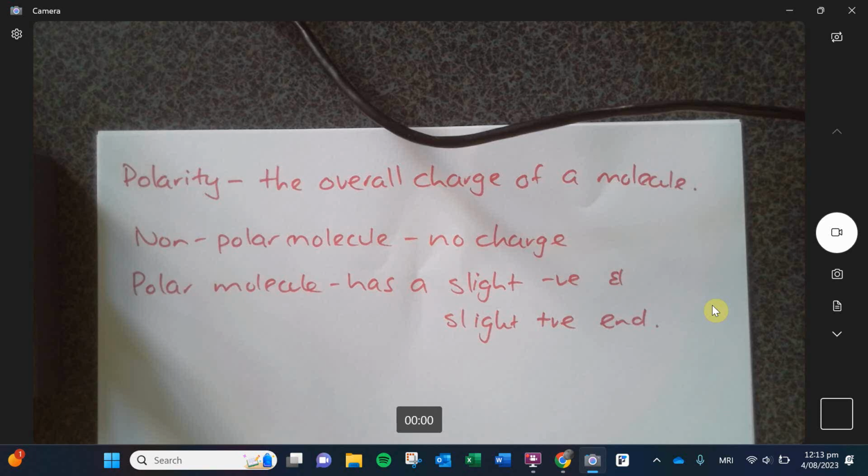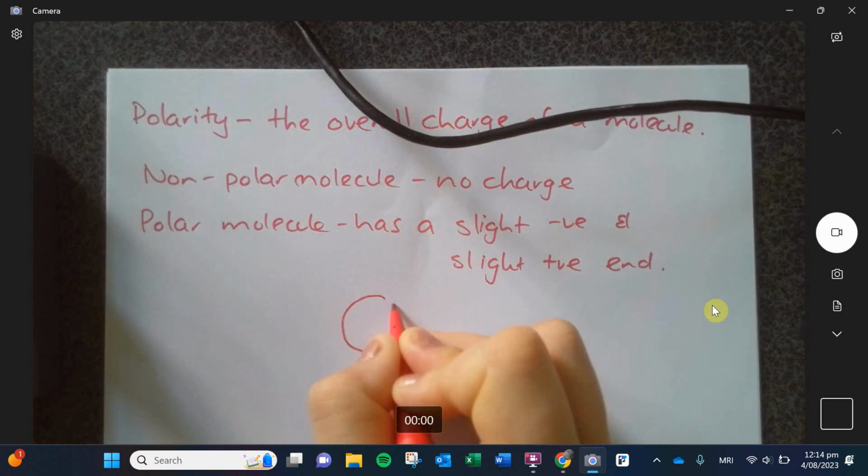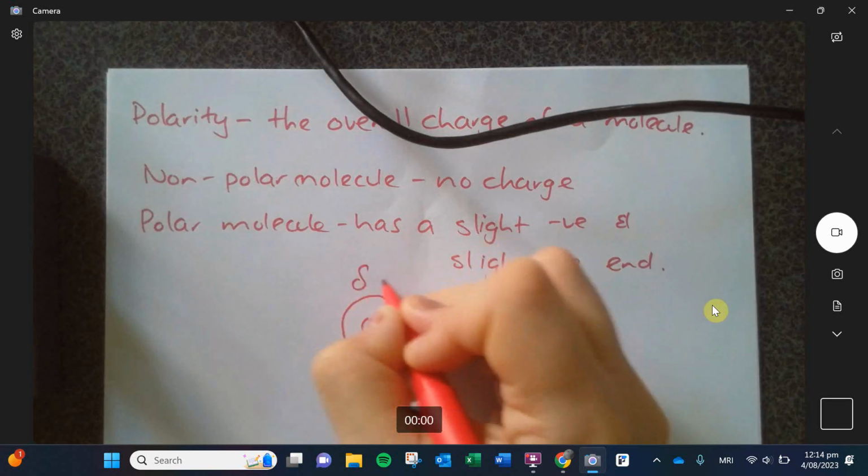Let me draw you a water molecule because the water molecule is a good example of something that's polar. So if I have a water molecule, I would have an atom of oxygen and I would have 2 hydrogen atoms attached to it in a covalent bond. One side of my molecule is going to be slightly negative.